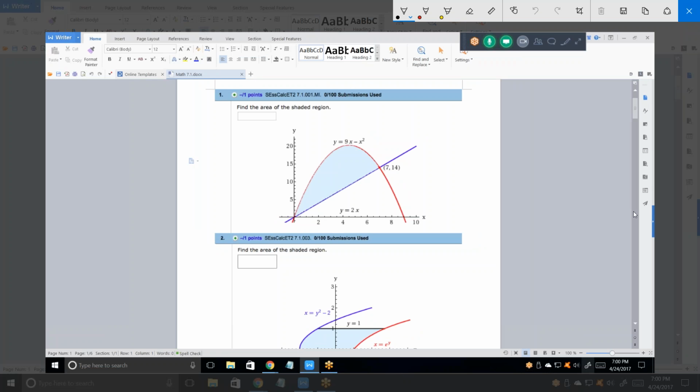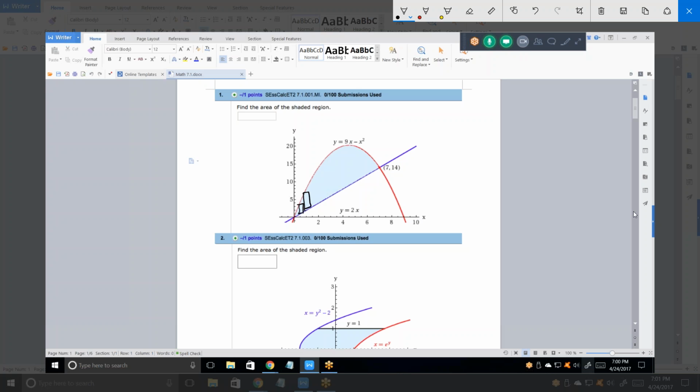Yes, perfect. Okay. The way we're going to do this is we're going to draw vertical rectangles to find the area of the shaded region. Now, what does that amount to?